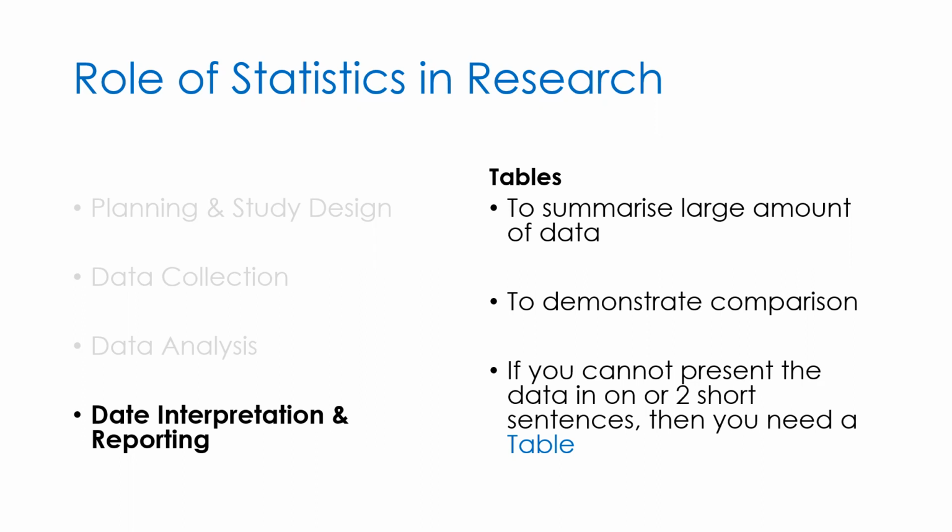If you are going to write more than 2 sentences in order to present any data, then you need a table to summarize that data. And once you put a table, all you need to do is just 1 or 2 lines to indicate what that table is saying.